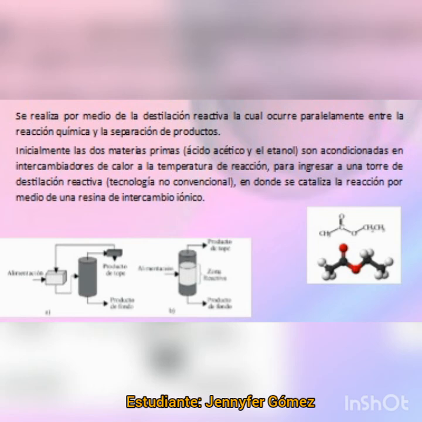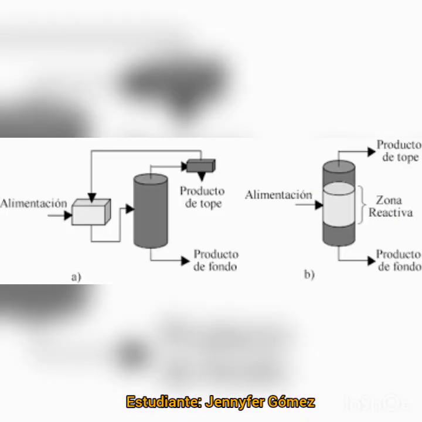Initially, the two raw materials, acetic acid and ethanol, are conditioned in a heat exchanger at the reaction temperature to enter a reactive distillation tower using conventional technology, where the reaction is catalyzed by an ion exchange resin.